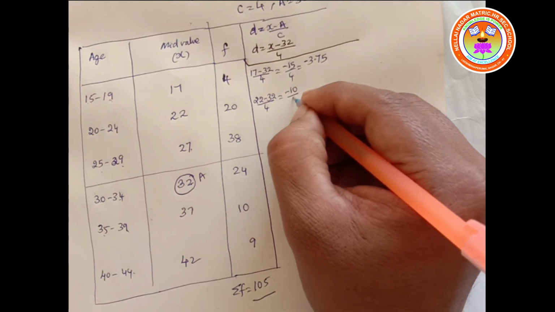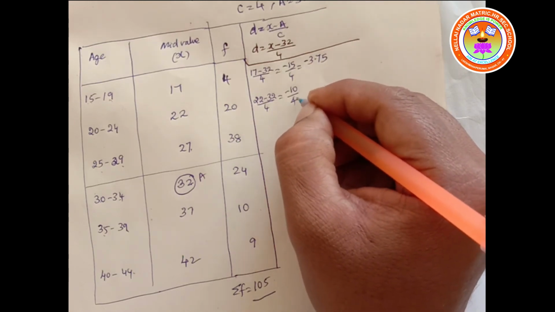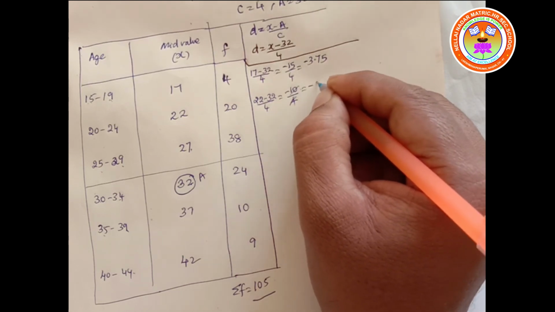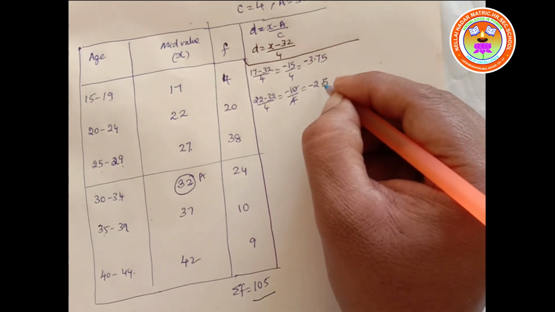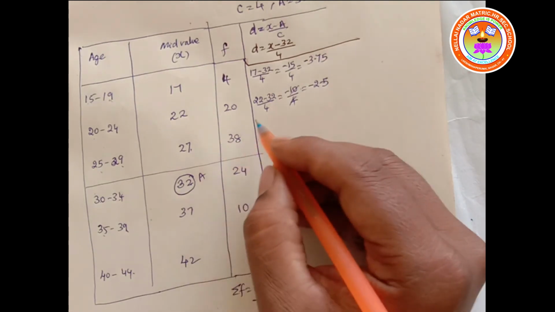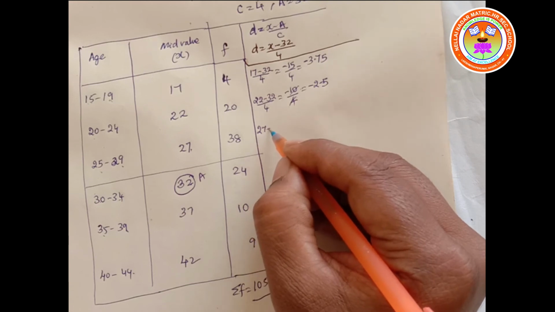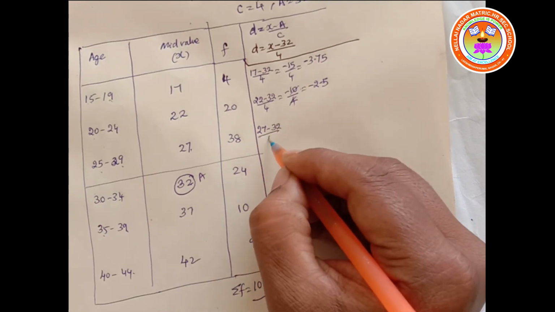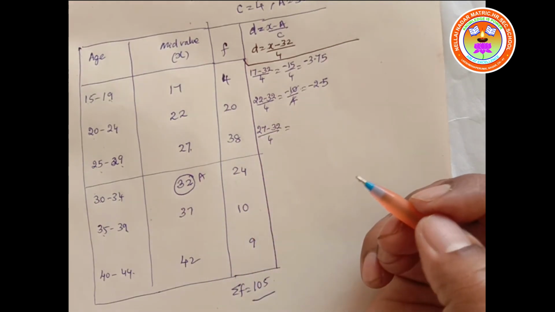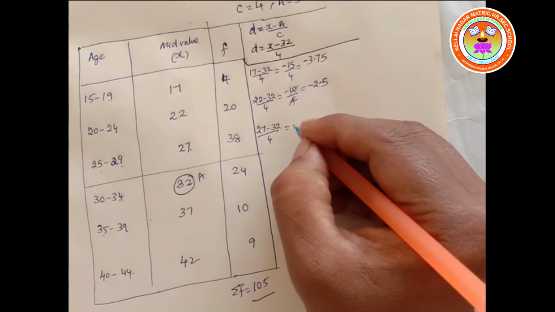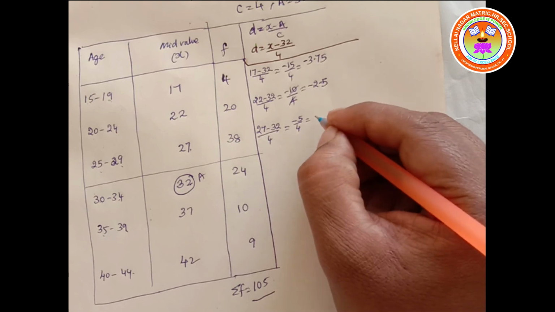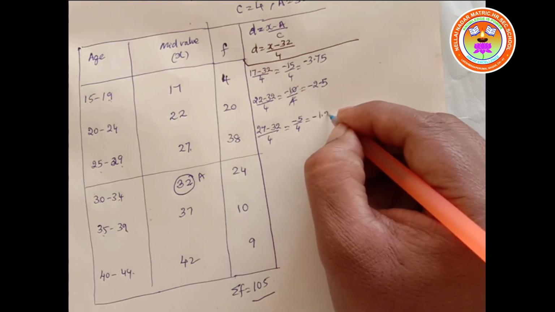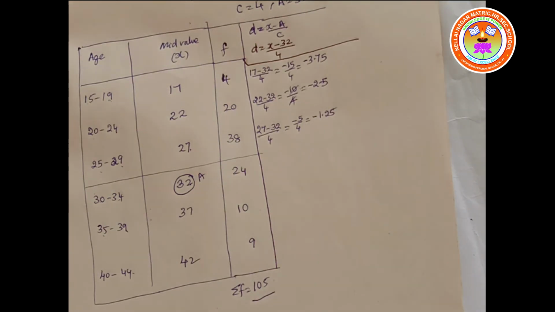Same way, 22 minus 32 divided by 4, that is minus 10 by 4, that is minus 2.5. Then here 27 minus 32 divided by 4, minus 5 by 4, that is minus 1.25. It's clear, children?